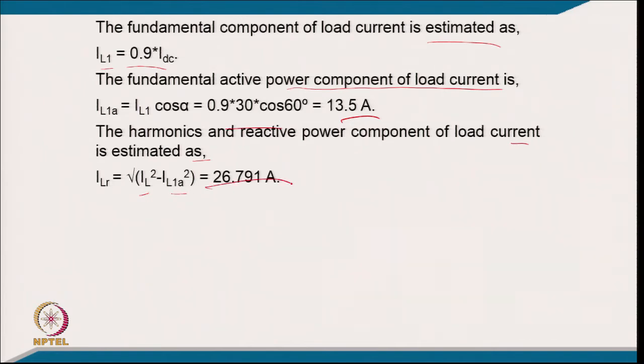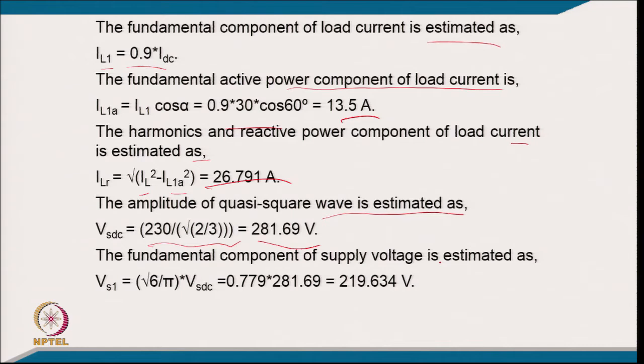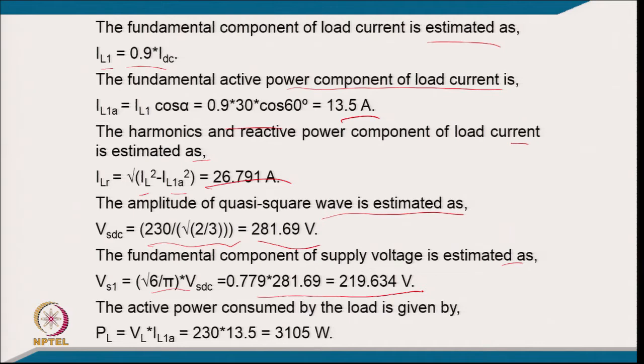Putting the value, it comes to 26.71 ampere. The amplitude of the square wave is estimated for the input supply voltage. So, that comes typically to 281.69 from 230 volt RMS, and the fundamental component of this supply voltage will be typically 219.634 volt.